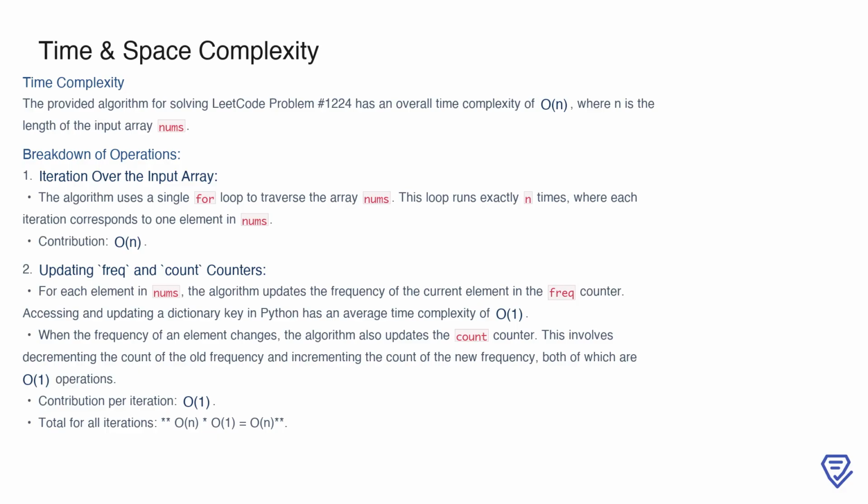Additionally, during each iteration, the algorithm updates two hash maps: frequency, which tracks the frequency of each number, and count, which tracks the count of those frequencies. Updating a dictionary key in Python is an O(1) operation on average, and since we perform this update once per iteration, the total contribution of these updates is O(n) as well. Together, these steps ensure that the algorithm processes the input array in linear time.